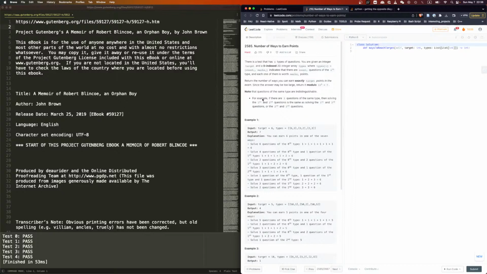Solve 6 questions of the 0th type. Solve 4 questions of the 0th type, 1 question of the first type. 2 questions of the 0th type, 2 questions of the first type.